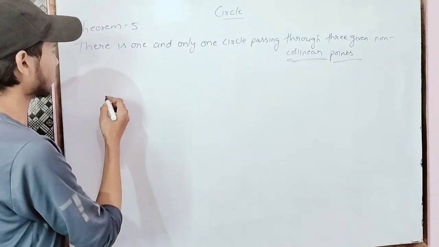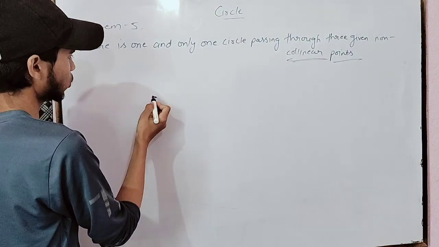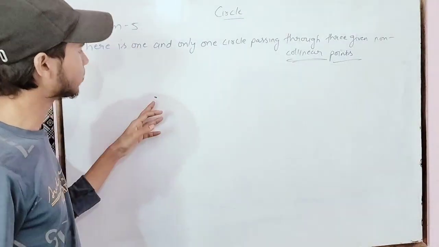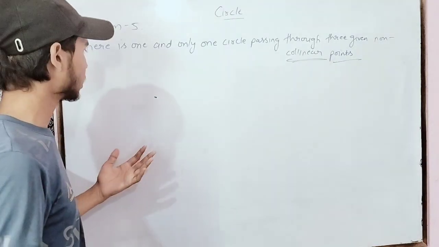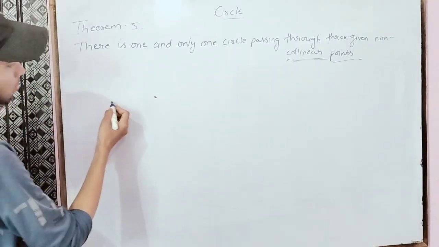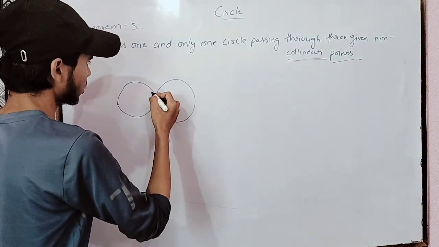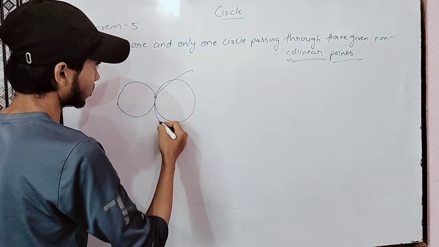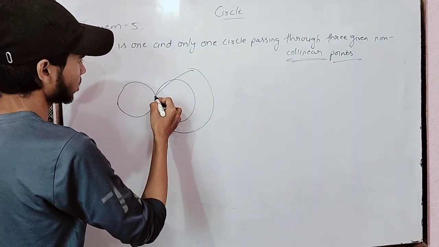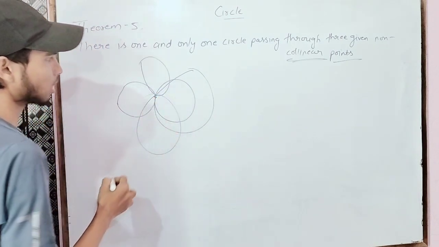For example, let's start from one point. This is one point. How many circles can pass through this point? This one, this one, again this one, this one.